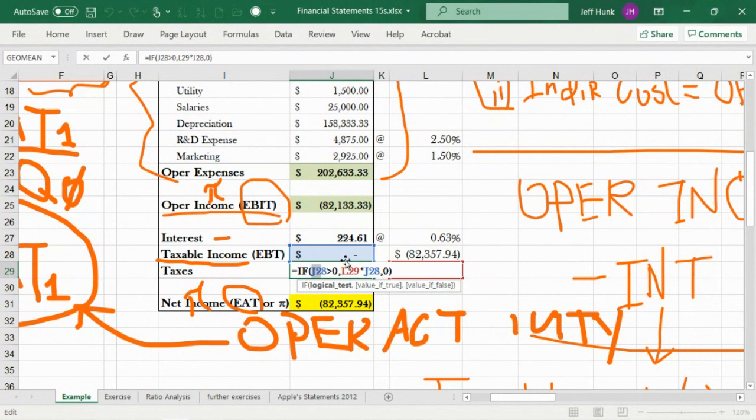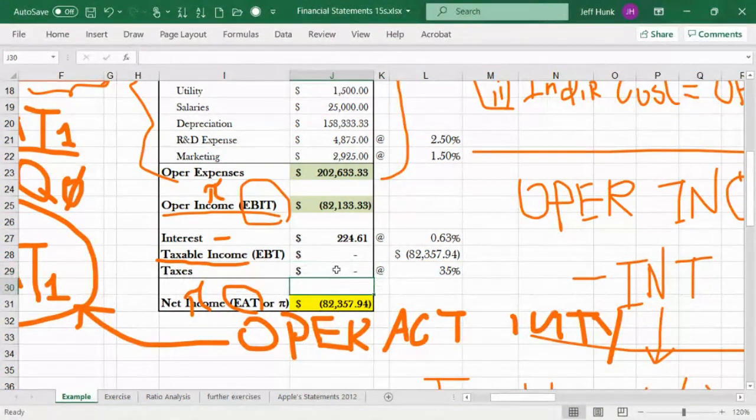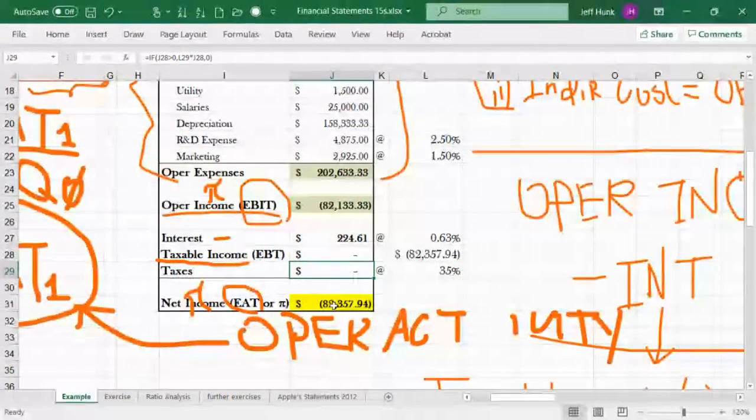Tax rate times taxable income, right? So if it is positive, it's going to happen. The second comma means otherwise just 0. So since taxable income is 0, this won't be executed, but 0 will be picked. So it's going to be 0. This way, it will be automatically taken care of.